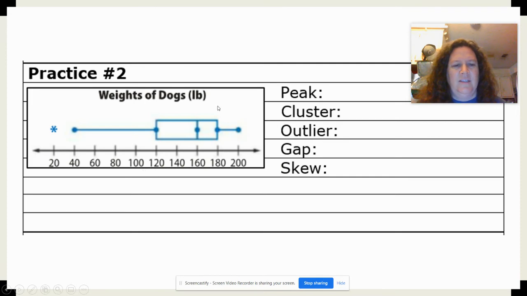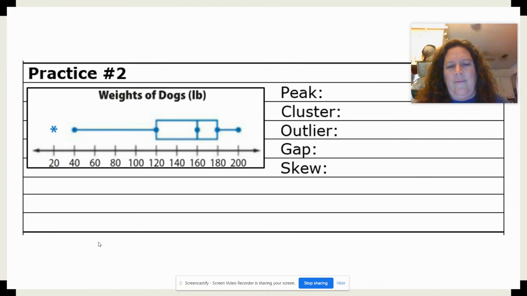All right, next one. As you can see, this is kind of a funky one. If it was nice and symmetric, each chunk of the box and whisker plot would be relatively the same size. As we can tell by looking at it, it's not even close. Maybe the two on the right are close to the same size. But remember, if this is 25% and this is 25%, and they're not the same size, it's not evenly distributed data.